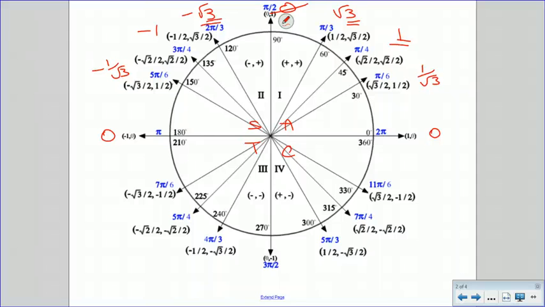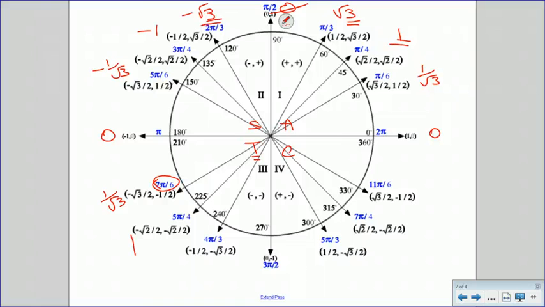Okay, 7 pi over 6. Let's go down here now. Look over here. 7 pi over 6 is the same reference angle as 5 pi over 6. So that's also going to have a tangent of 1 over root 3. And because that's in quadrant 3, tangent's positive.